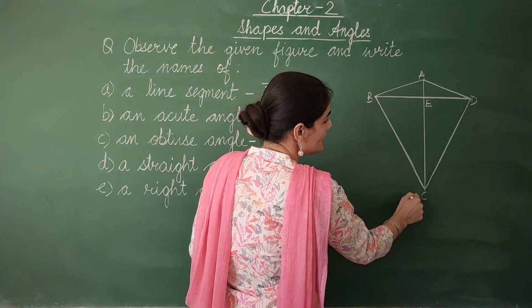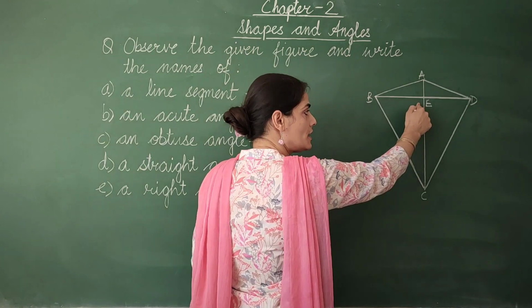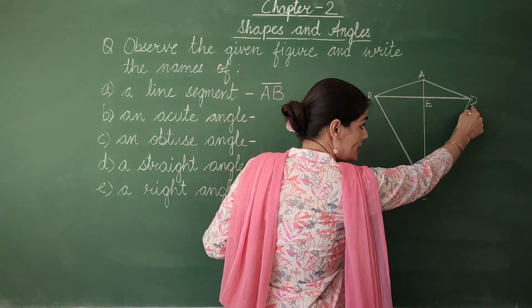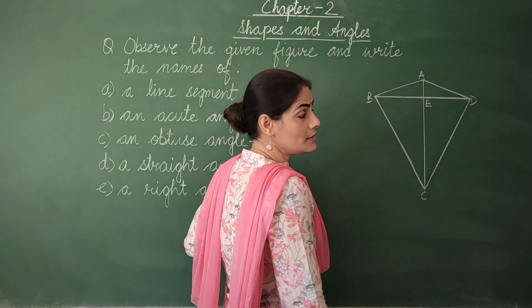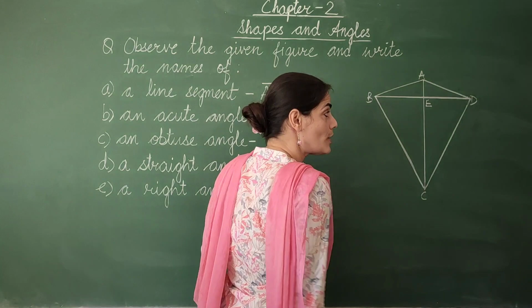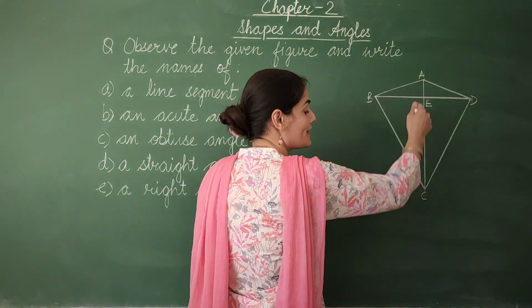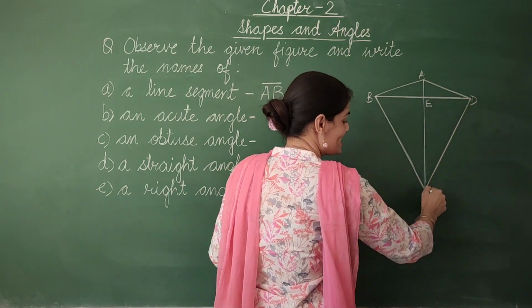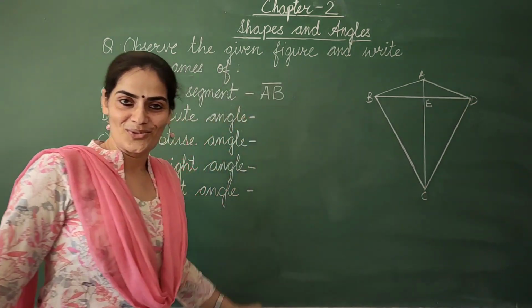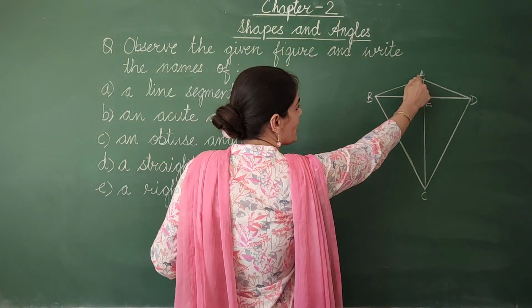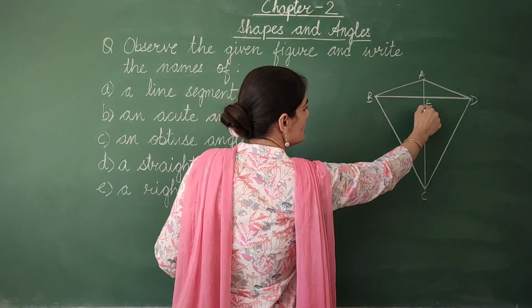Angle BCE is also an acute angle. Angle BCD is also an acute angle. Angle DCE is also an acute angle. And I must tell you, angle ABC and angle ADC are also acute angles. So let's mention any one. And I am writing angle ABE.